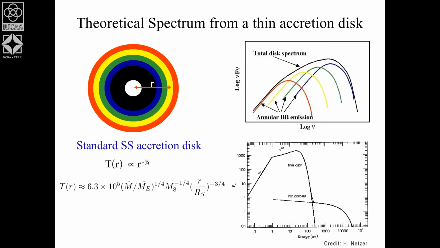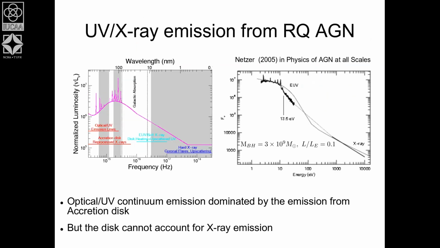But the accretion disk alone cannot explain the other components. For example, the high energy radiation, particularly the soft and hard X-rays, because the accretion disk has some temperature distribution, and due to that it cuts off in the extreme ultraviolet or so. So we need other radiation processes to account for the X-ray emission, the soft and hard X-ray emission.